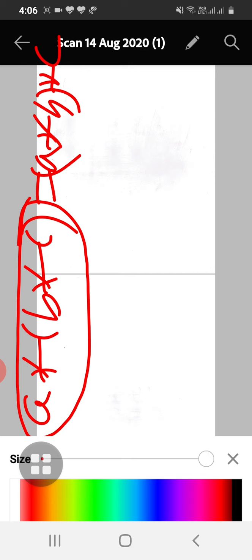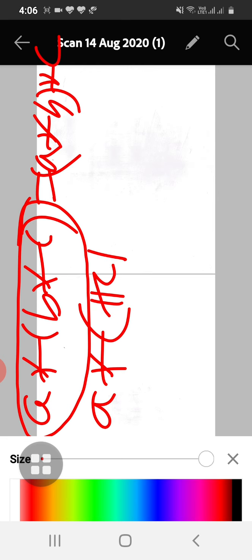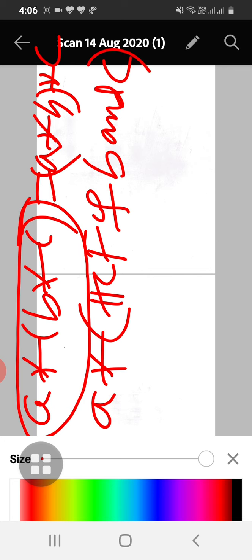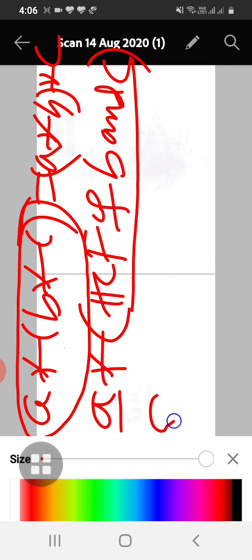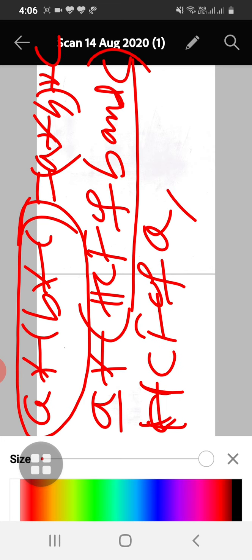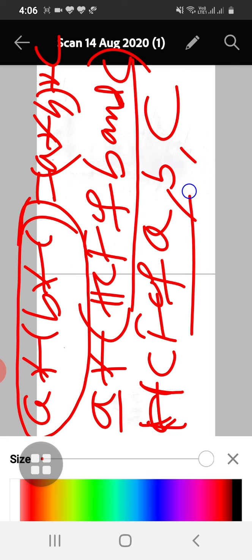A star of B star C. B star C means HCF of B and C. Then A star HCF of B and C means HCF of the three numbers A, B and C.